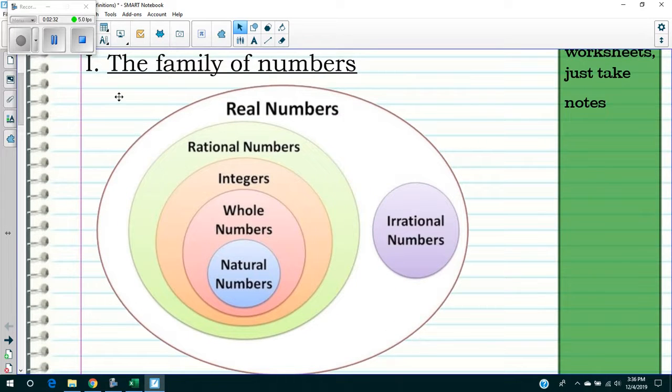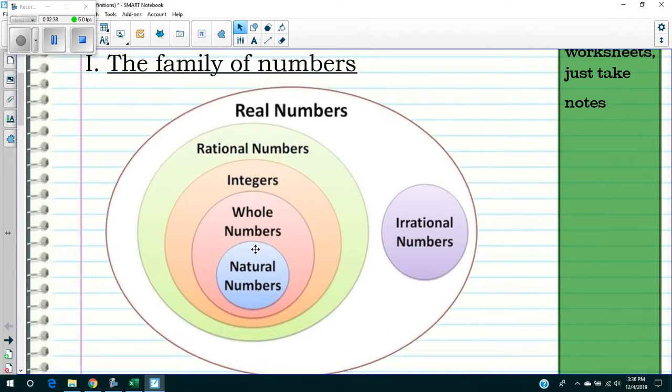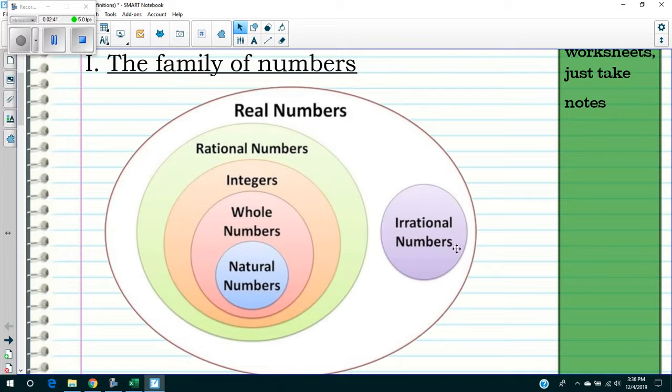Okay, all right, so this is the family of numbers. If you want, you can copy it down in the way that this is presented, all right? If not, you can just list them out. So let's start with natural numbers. Now, some of this might get very lecture-like, might get a little bit philosophical, but that's okay, all right? Because my goal here is to try to mimic an actual lesson as closely as possible.